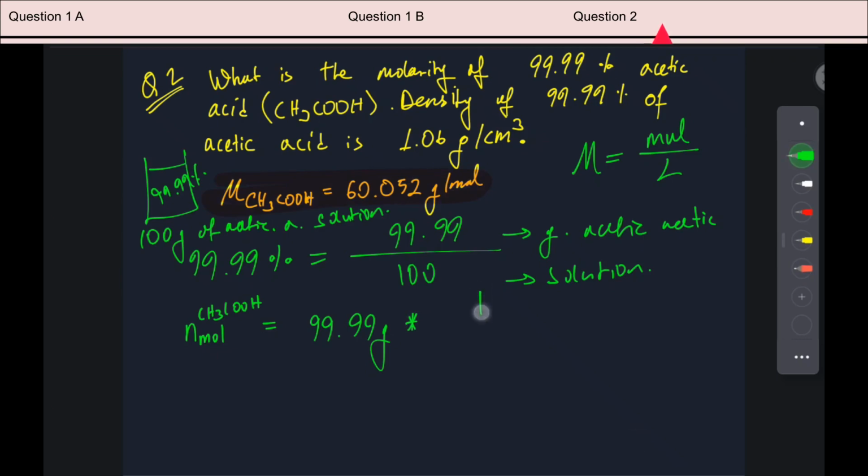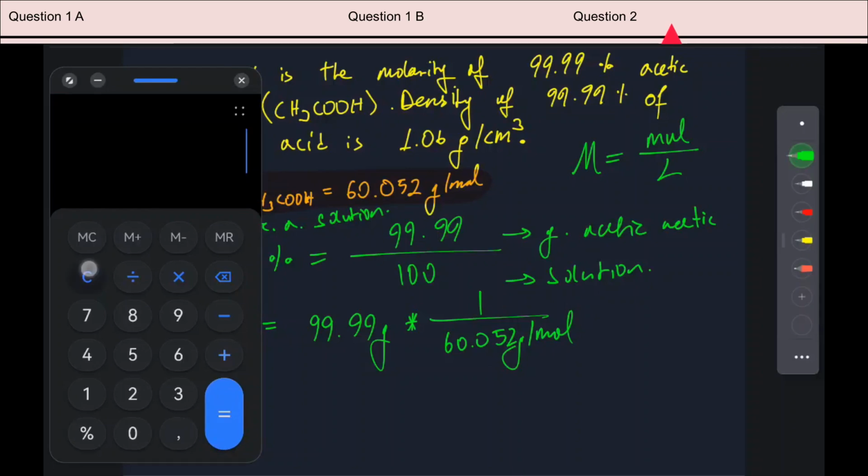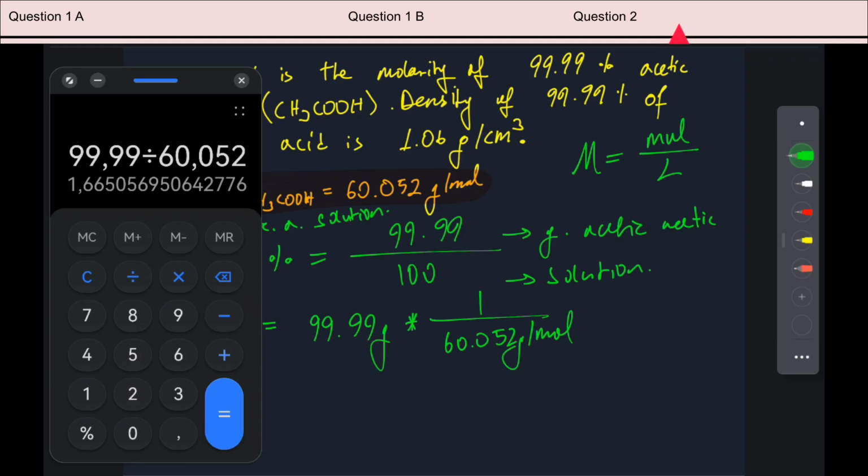So we divide, 99.99 over 60.052, which is 1.665 mole.